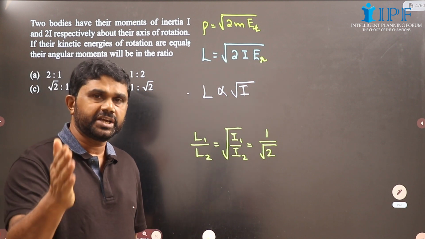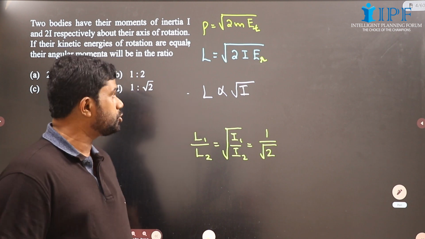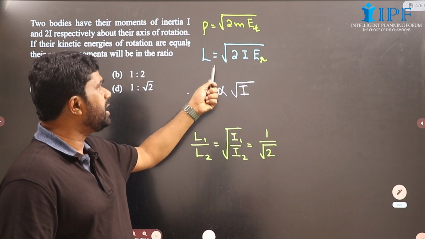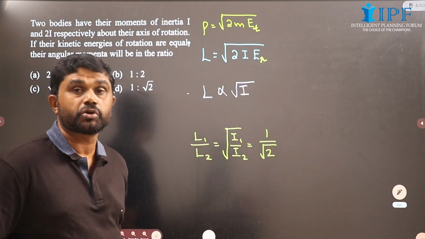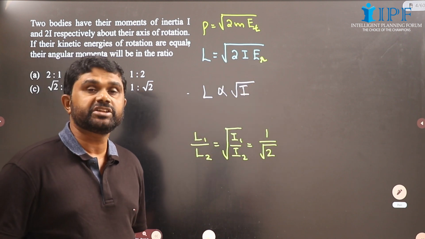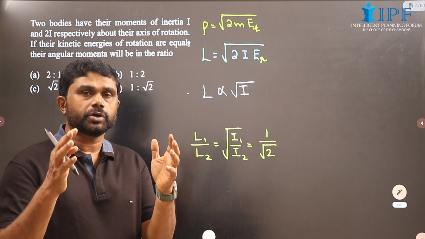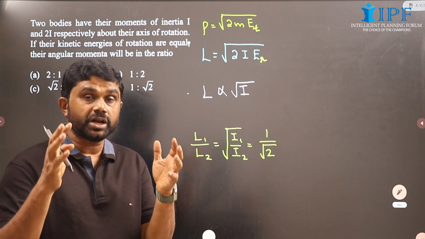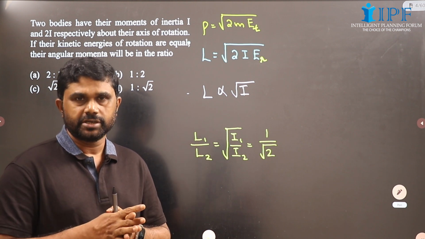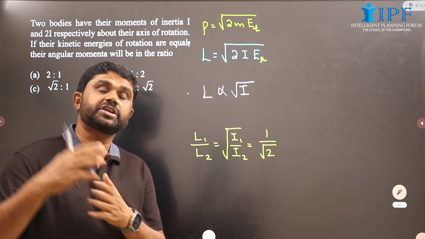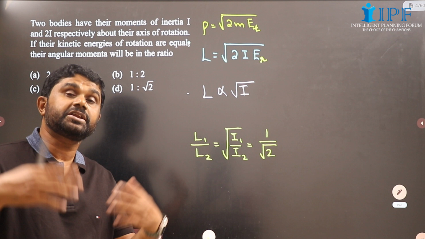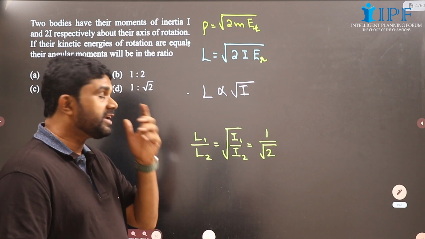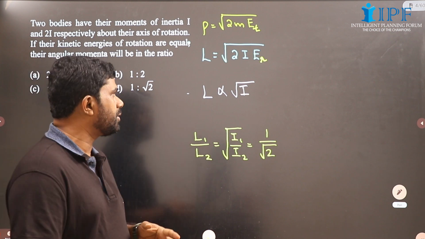The corresponding relation in rotational motion is angular momentum L equal to under root 2 into moment of inertia into rotational kinetic energy, E with the suffix R. Here we have two bodies with equal rotational kinetic energy, but their moments of inertia are different. We have to find the ratio of the angular momentum.